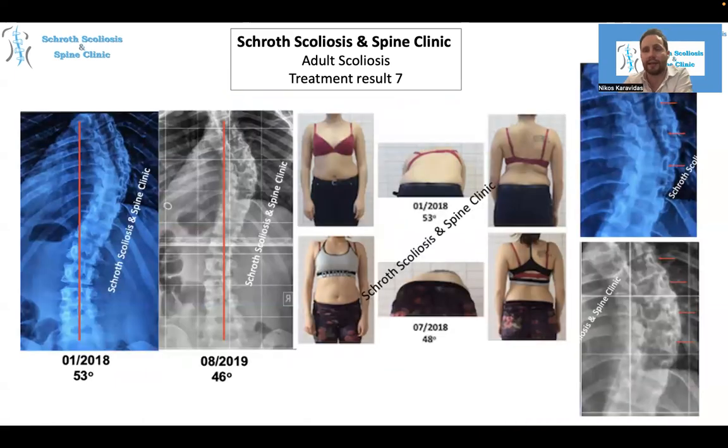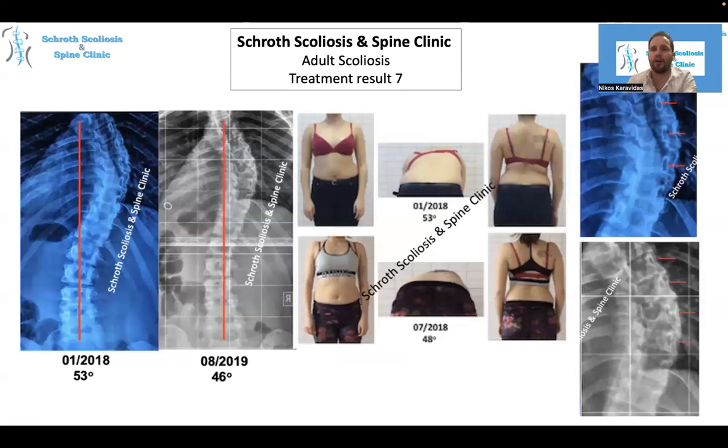Another case, young adult. I can tell you that this category of patients, young adult patients, are very good candidates to work with scoliosis-specific exercises and to get some nice correction of their curves, because they are adults.